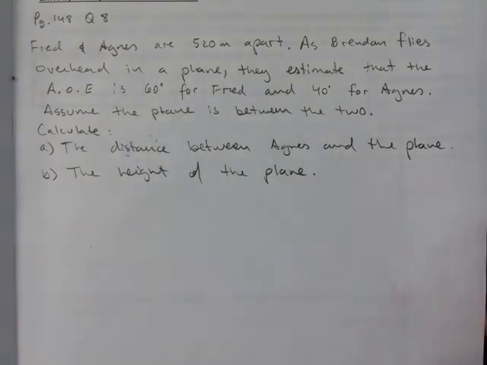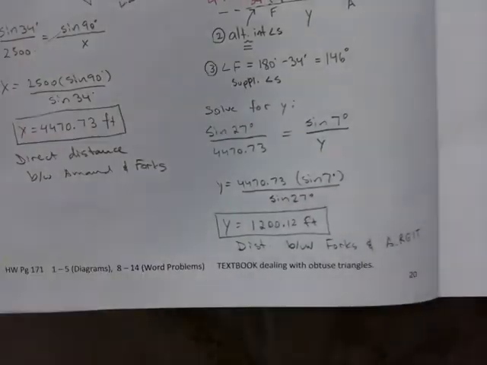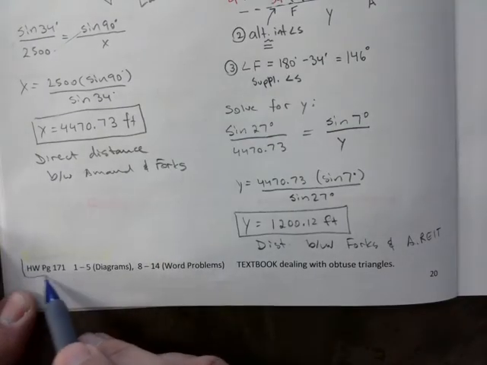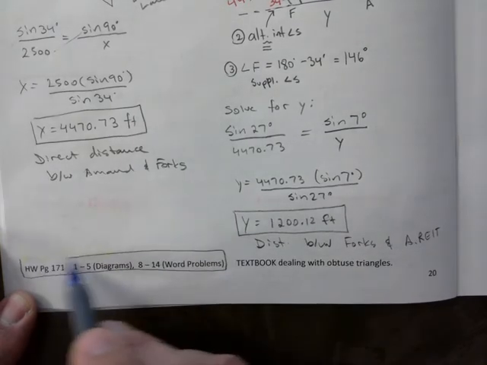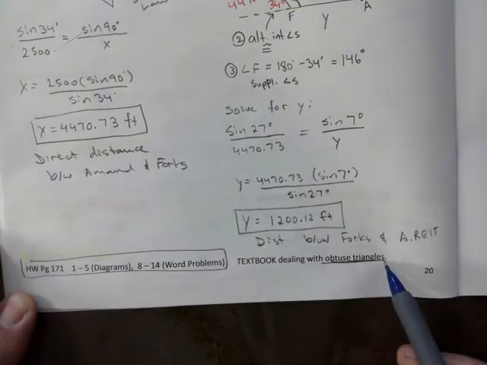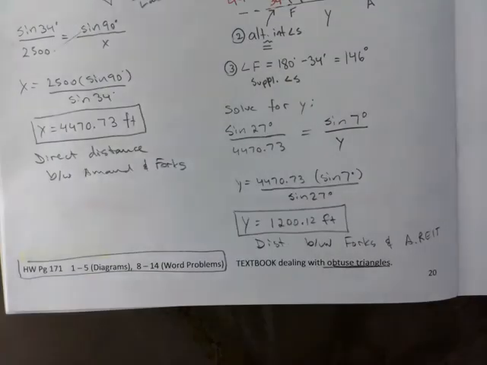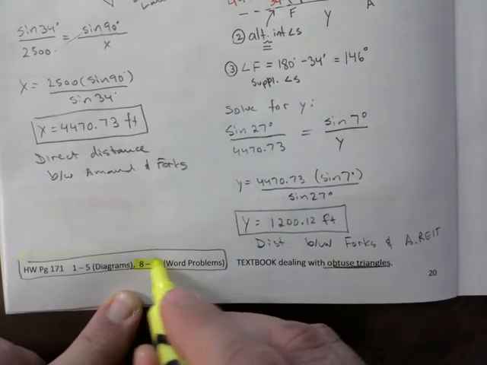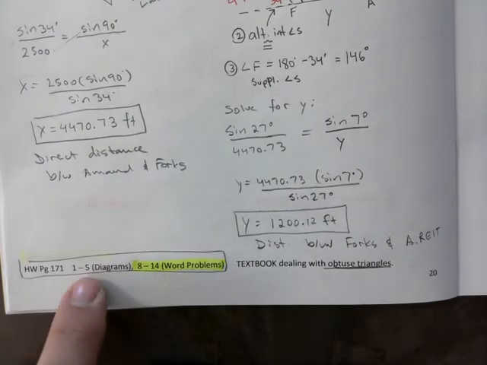Before we dive into this, I'm just going to already tell you what the homework is. If you look at the bottom here, this is from the textbook, and I'm sending you to the obtuse triangle section. I would say focus on the word problems, 1 to 5.